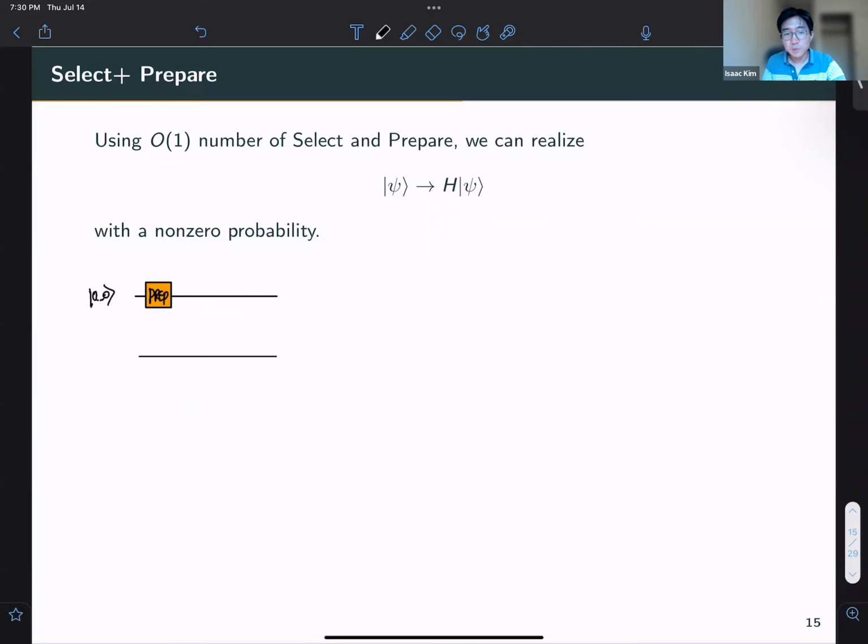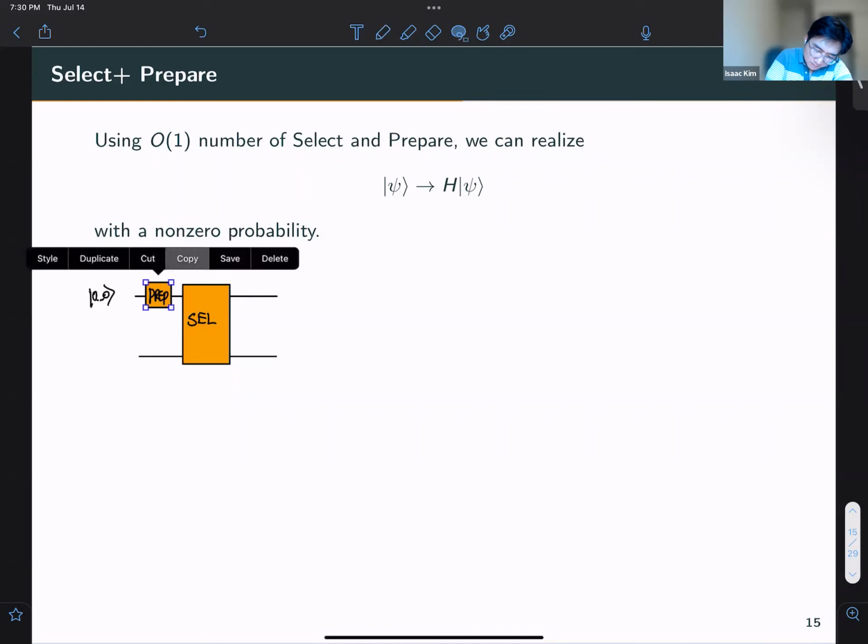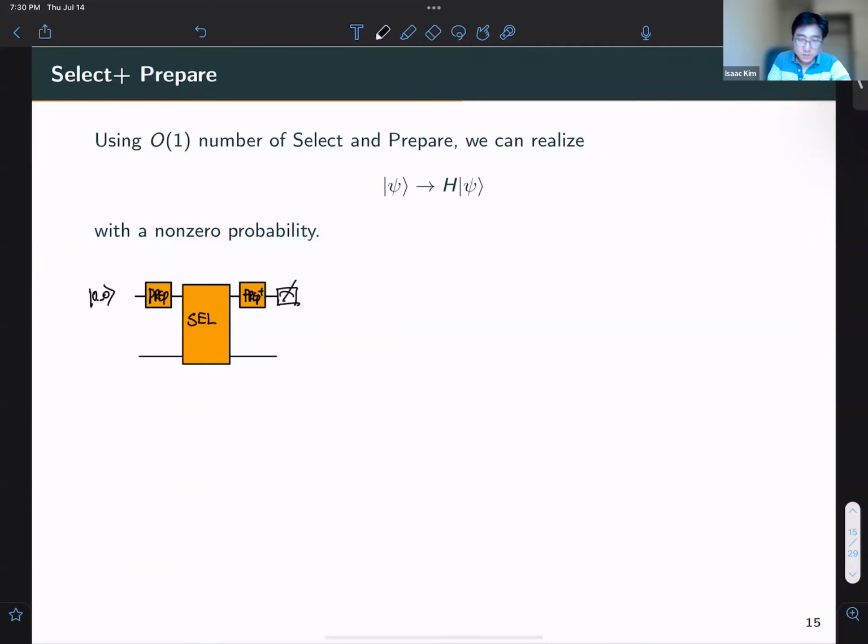And then you apply the prepare operation so that at this point, you have an alpha state. Then apply the select operation. And then prepare inverse, and then measure.